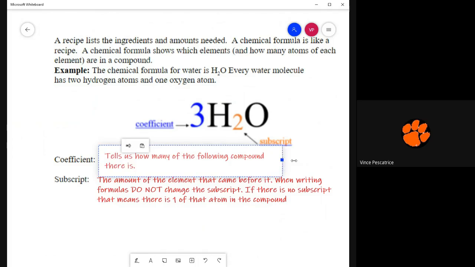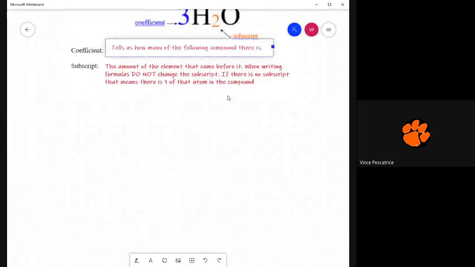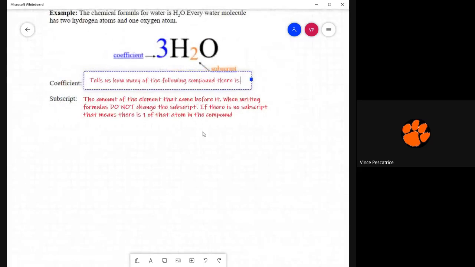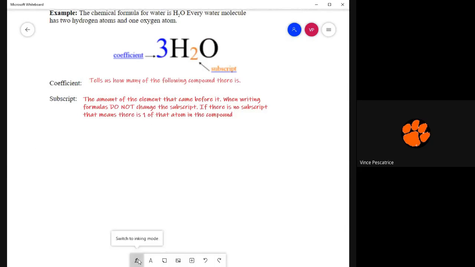Let's write this out. So in my example that I did for the warm up, remember it was 3.